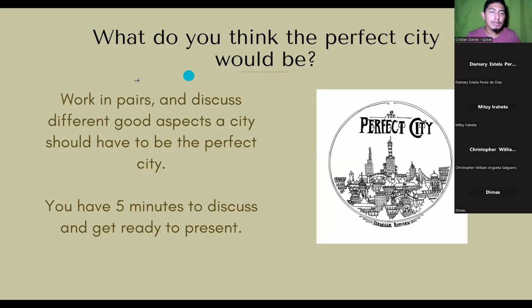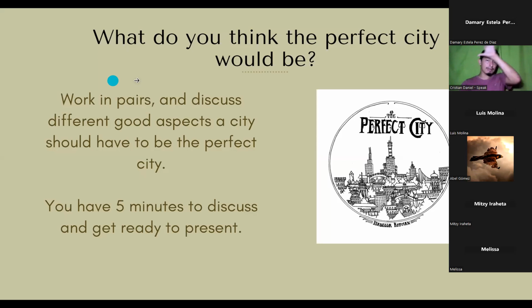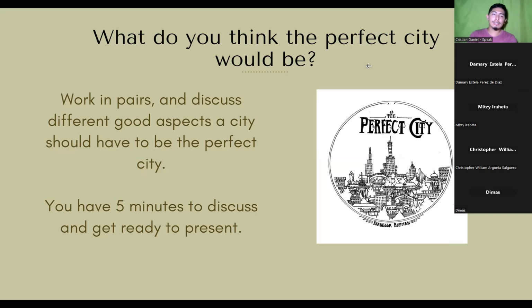We are going to use our imagination and describe the perfect city. Work in pairs and discuss different good aspects a city should have to be the perfect city. You have 5 minutes to discuss and get ready to present. Pay attention to these instructions.